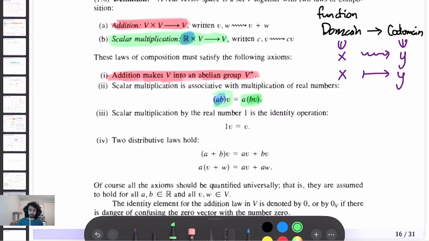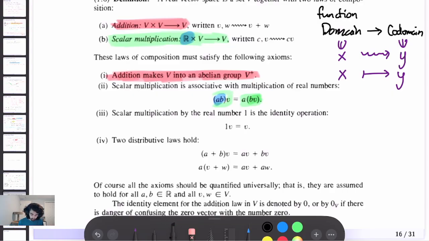We scale the vector v by the number a times b. And what this axiom says is that those two things can't be different, which makes a lot of sense. This is what you should want. It is some sort of analog of associativity.